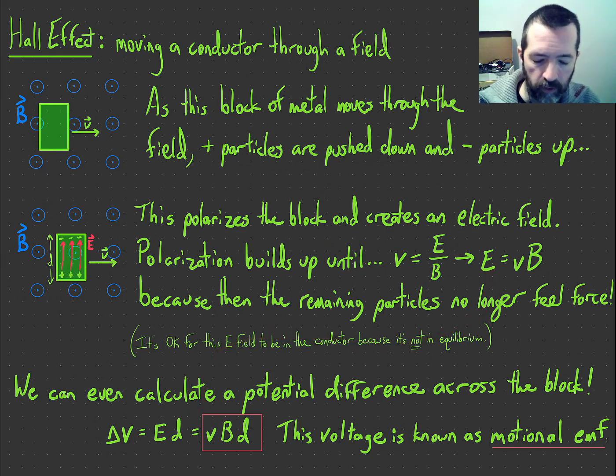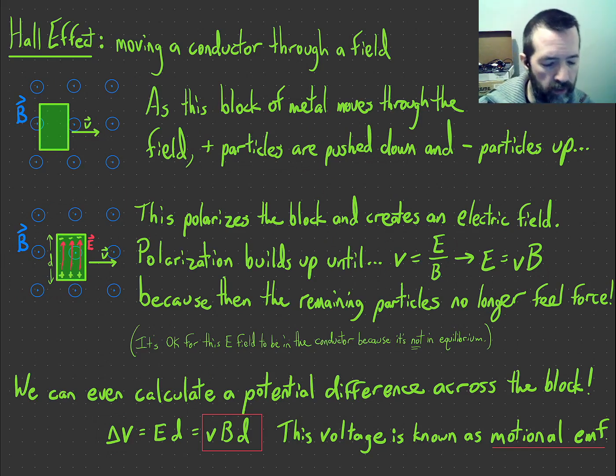So this potential difference, vBd, is the voltage that I am building up to. If the block is motionless, the charges will just spread out nicely, and there's no potential difference. But if I am dragging it through the field, I generate this voltage, this potential difference, or this EMF, between the top and bottom edges of the block.